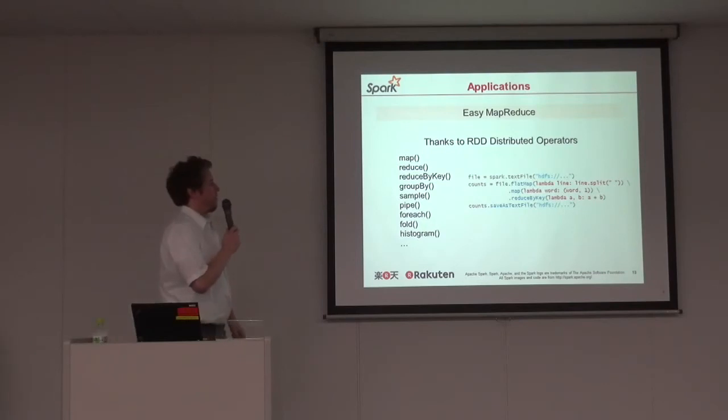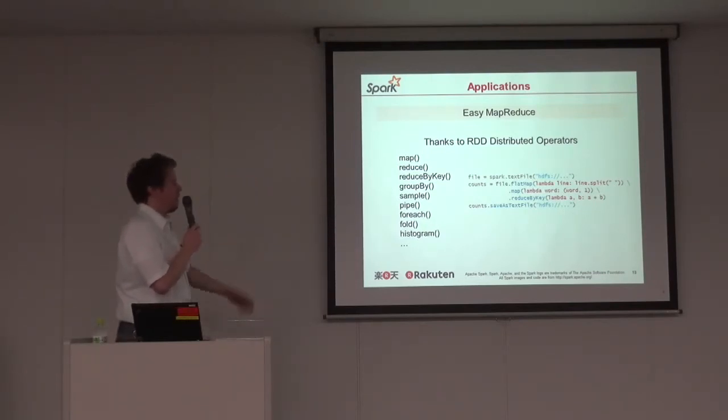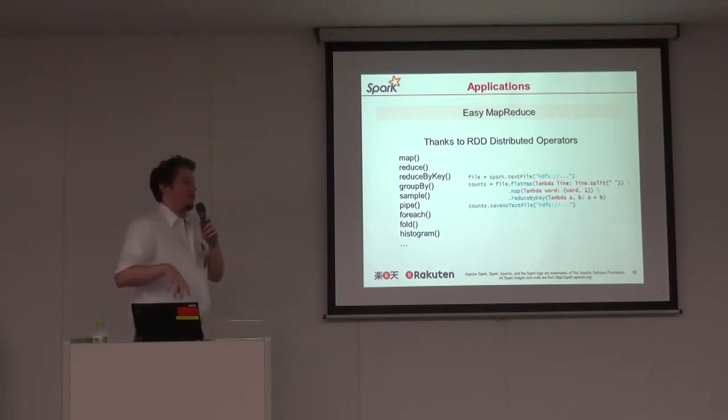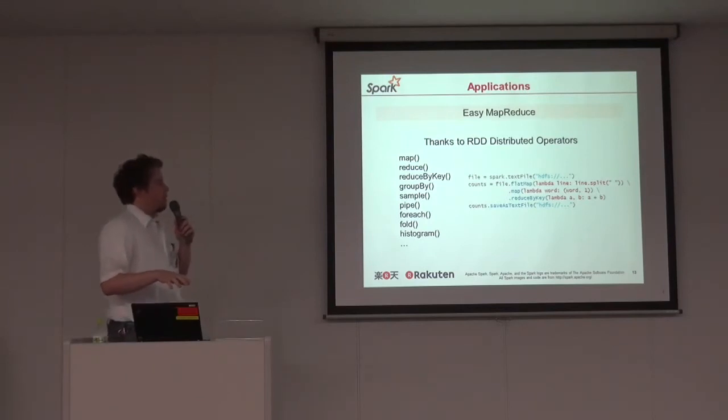One I like pretty much is the histogram operator, so you can just ask it to bin values depending on keys. Or a pipe operator, which is useful if you have to invoke some process on your nodes. For example, if you're trying to parse Japanese text on many nodes, and you have some morphemizer like MeCab or something, you can call it from there directly.